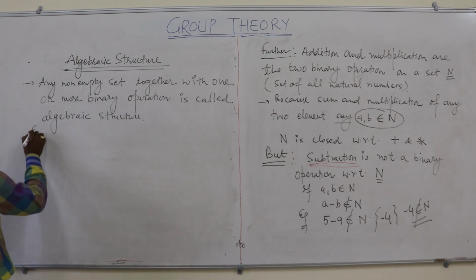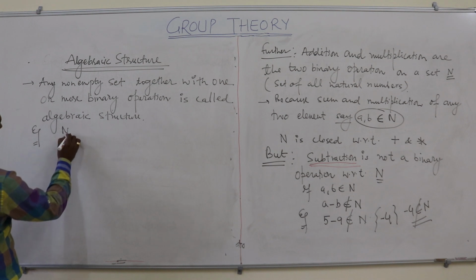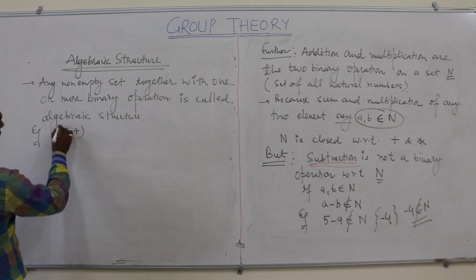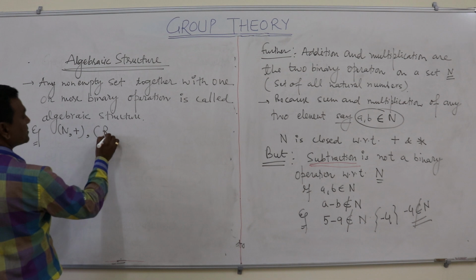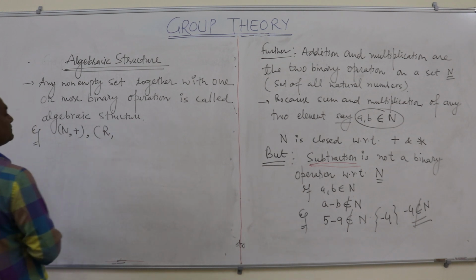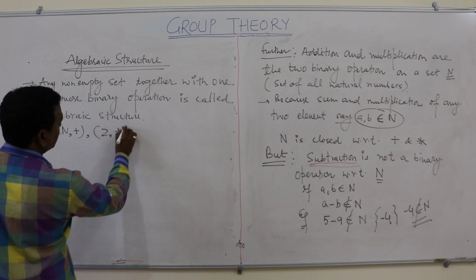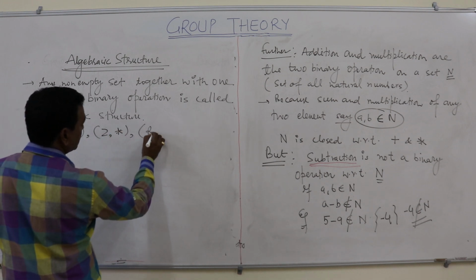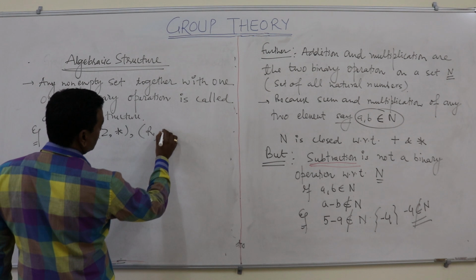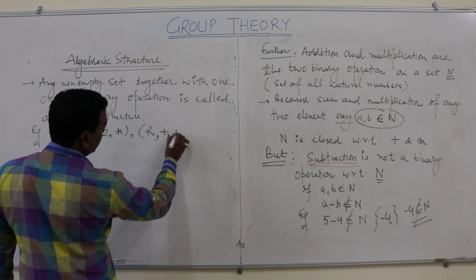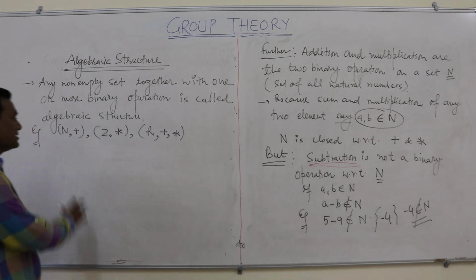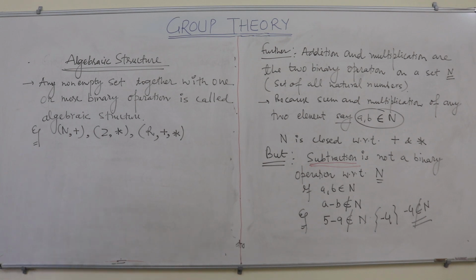For example, set of natural numbers for addition, set of integers for multiplication, set of real numbers for addition and multiplication. These are the algebraic structures.